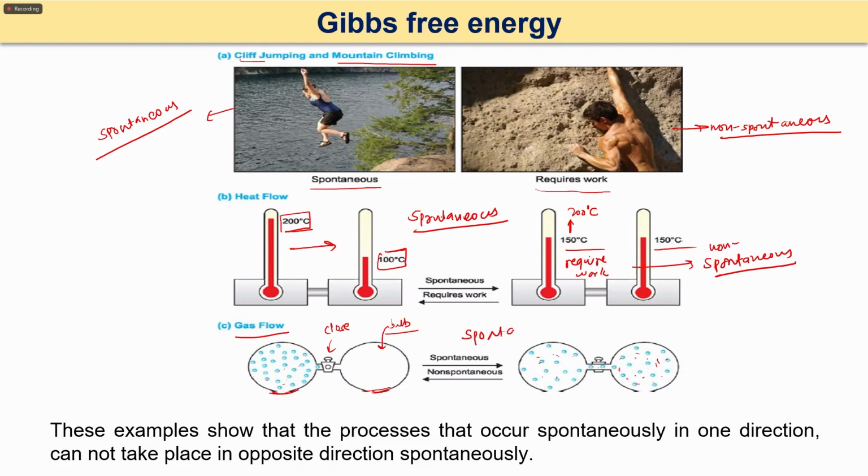This process is spontaneous. But if you want to make all the molecules go into one bulb only, you cannot do that without expenditure of work or some extra energy. So that process is non-spontaneous.